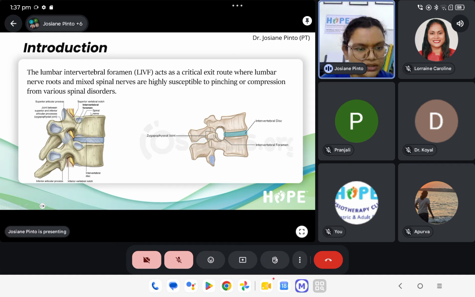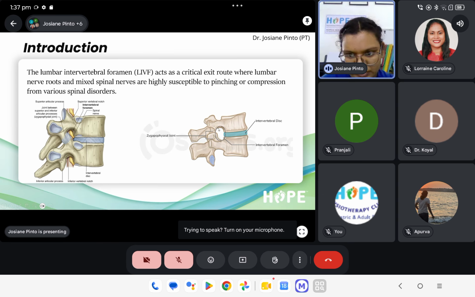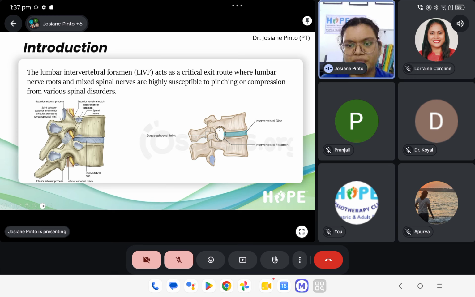Here we can see the anatomy. This is the intervertebral foramen, and the two articular processes of the superior and inferior vertebral segments form a zygapophyseal joint. So this is the intervertebral foramen and this is the intervertebral disc.